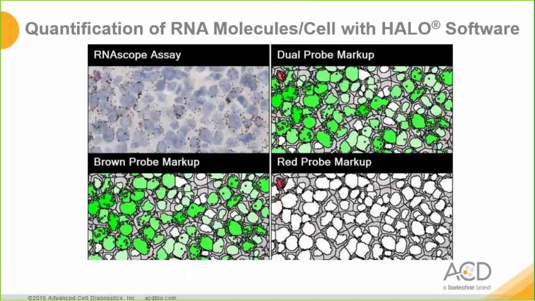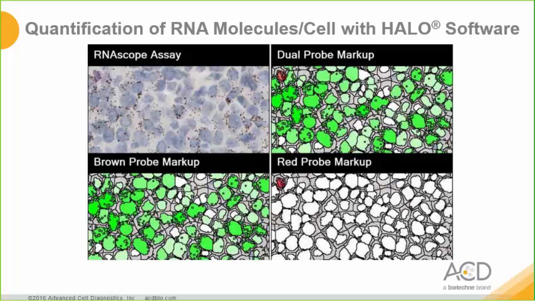As I mentioned earlier, not only can HALO analyze images from RNAscope singleplex assays, but also more complex expression data generated with the RNAscope duplex and multiplex assays. Again, the software picks up cell nuclei based on hematoxylin staining and then identifies cell boundaries through approximation of average distances between the cell nuclei. Dots are detected based on pixel colors.